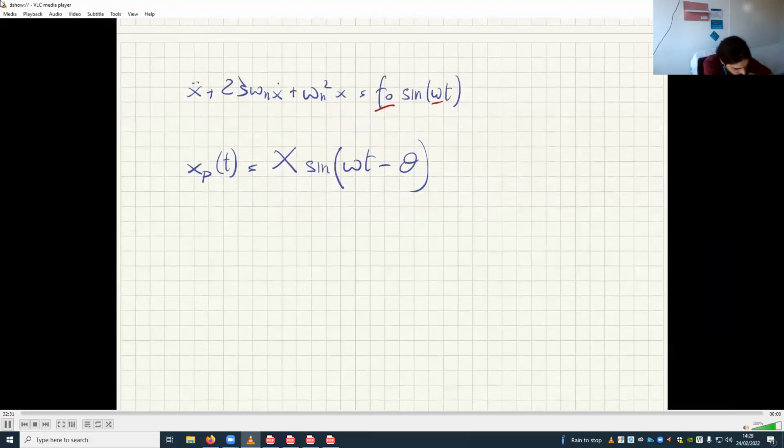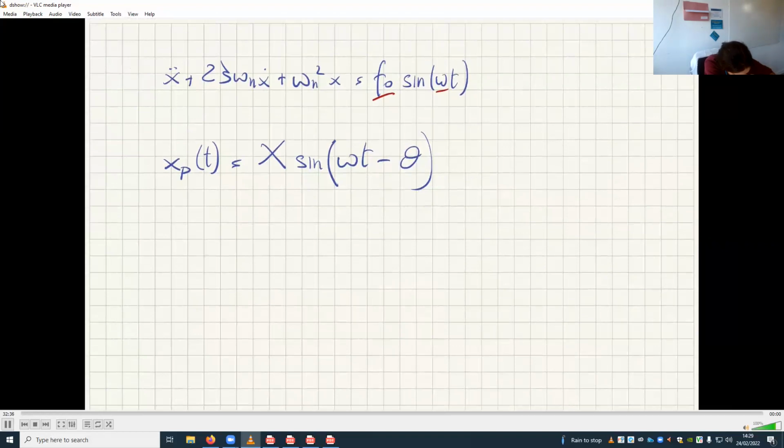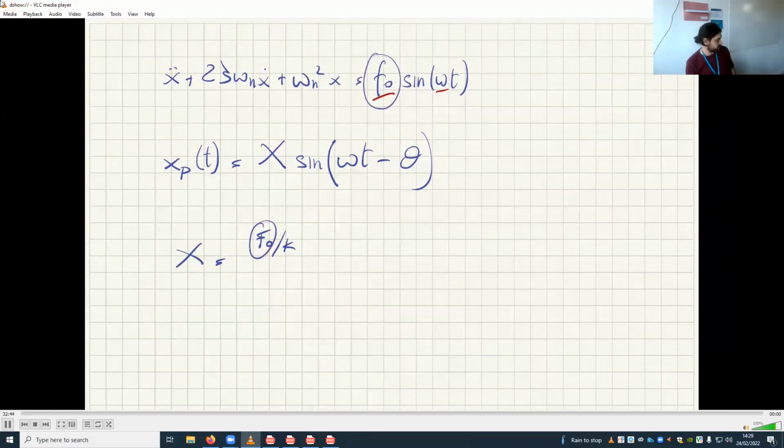Okay, so let's see what are the shape of this X and this theta. Now this capital X looks like this, F0 over K. Now this F0 is not the same as this F0. This one is capital F0. This small F0 here is capital F0 divided by m, because we have divided everything by m in order to get rid of this first coefficient here.